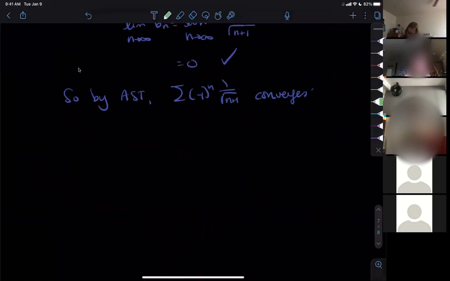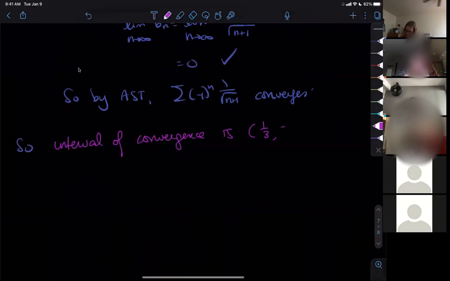It doesn't include negative a third. Includes a third, doesn't include negative a third.